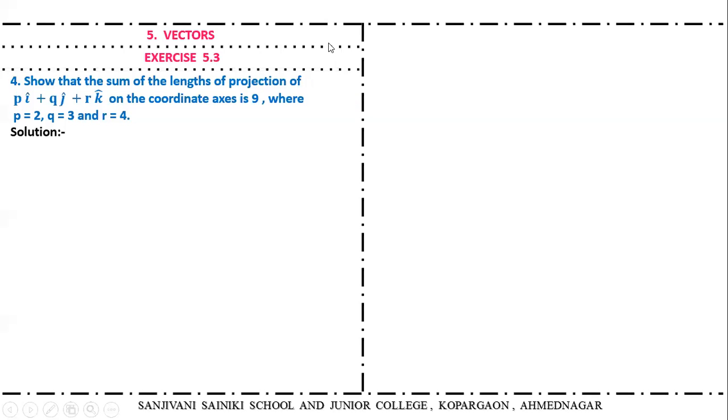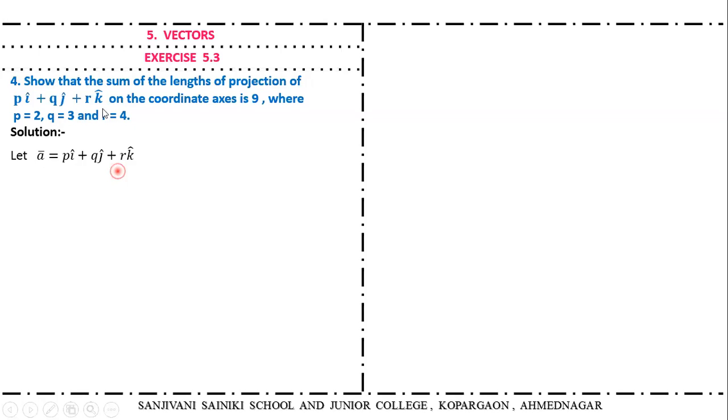Okay, let us learn the next example. Show that the sum of the lengths of the projections of the vector p i plus q j plus r k on the coordinate axes is 9, where p is equal to 2, q is equal to 3, and r is equal to 4. Solution.